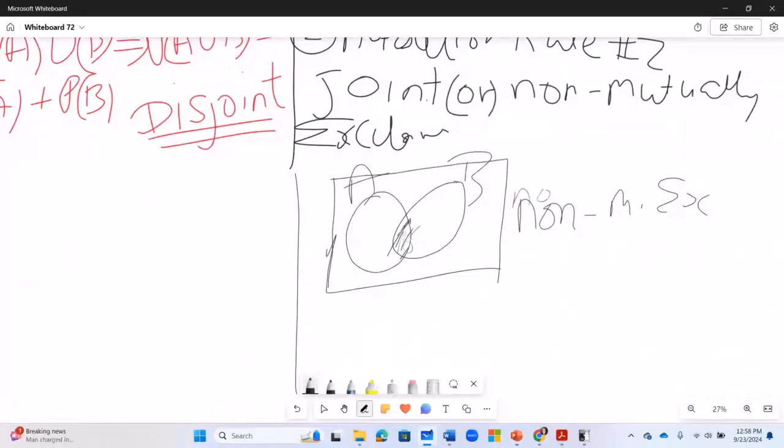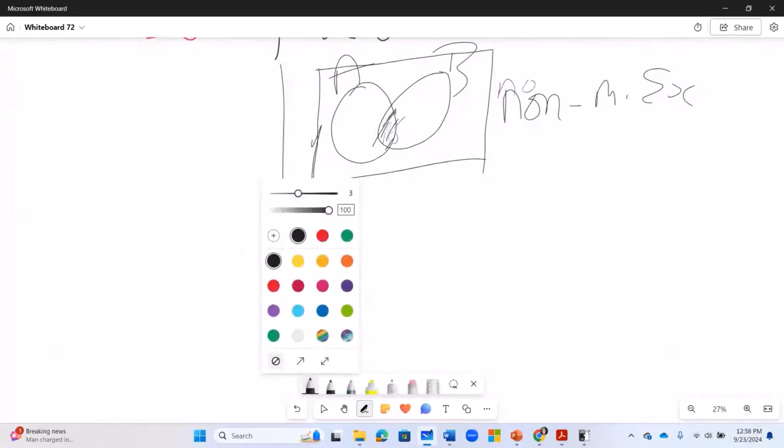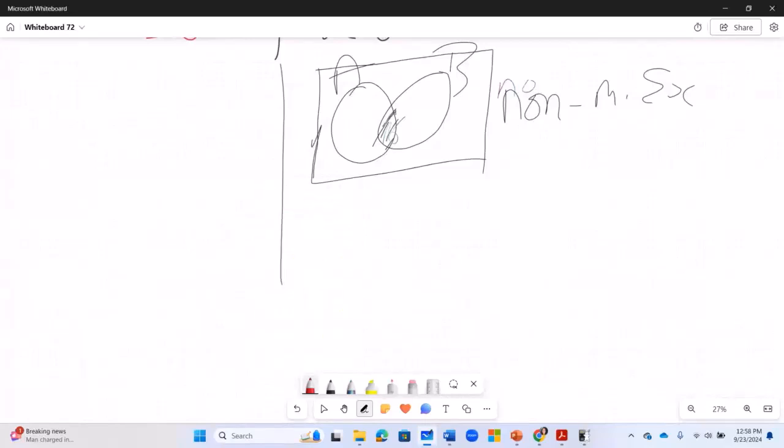How can I demonstrate that? Let's use the probability equation.